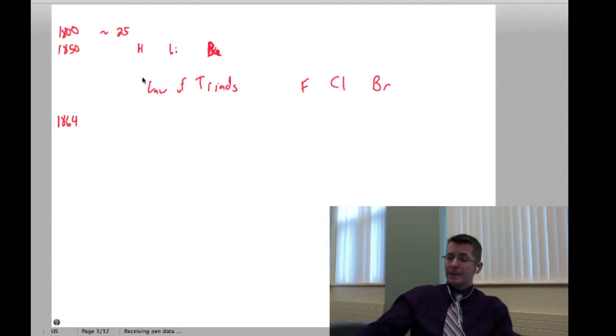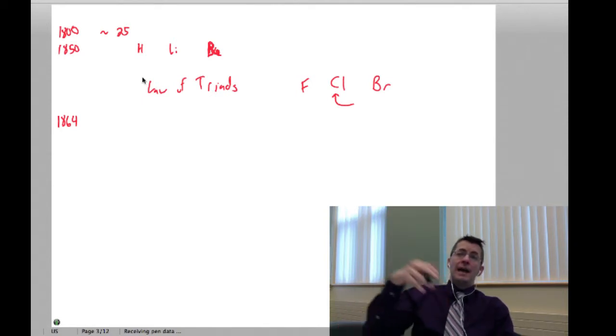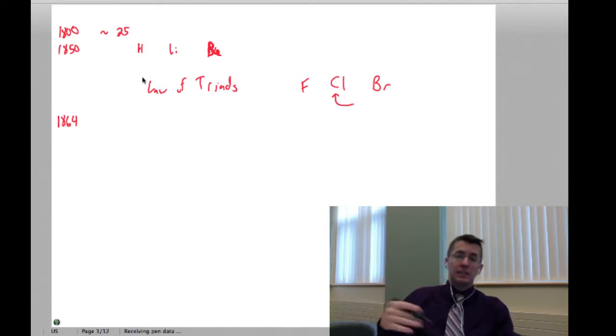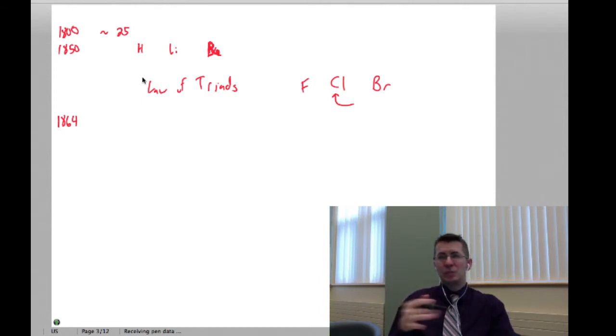One of the side effects was that the element in the middle had properties intermediate between the elements on either side, sort of average properties. From that, they could start to make assessments and predict some simple things. The trouble is the law of triads started to break down, and the groupings weren't always neat.